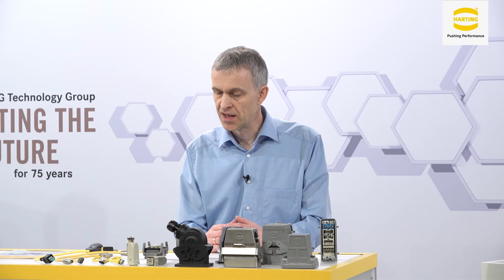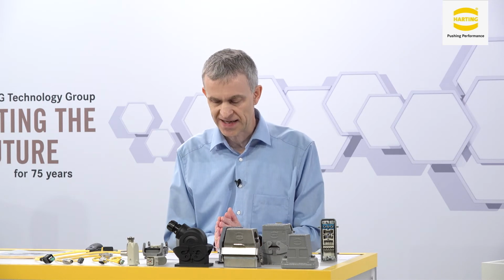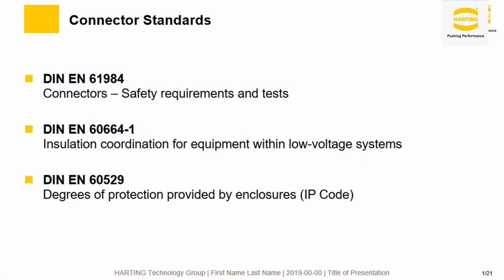And to show and explain this, we have prepared a short list of relevant connector specs and application specs. I want to introduce them and tell you some words about them. As you can see here, the most relevant connector spec is the DIN EN 61984.